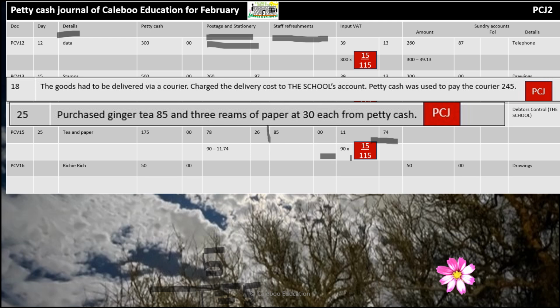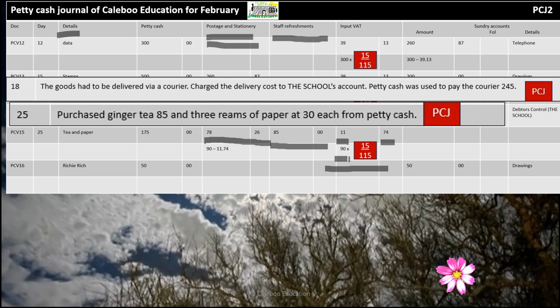So let me run through it again quickly. From the general store, let's say a store that sells plenty of different items, we bought tea for 85 Rand. The full amount goes under staff refreshments, and the 3 reams of paper, which came to 90, we're going to use for the business, so we can claim input VAT on that. 90 multiplied by the VAT fraction is 11 Rand 74.